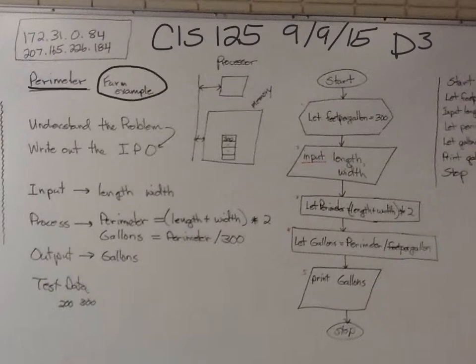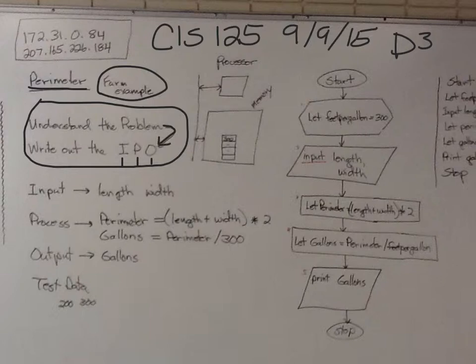It's a farm example. And in understanding the problem, we'd work out the IPO, the input, the process, and the output. In understanding the problem, you really need to know what they want out.